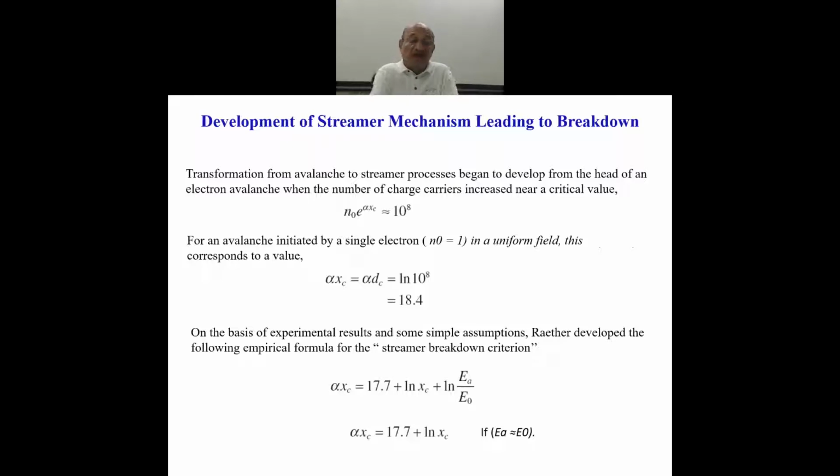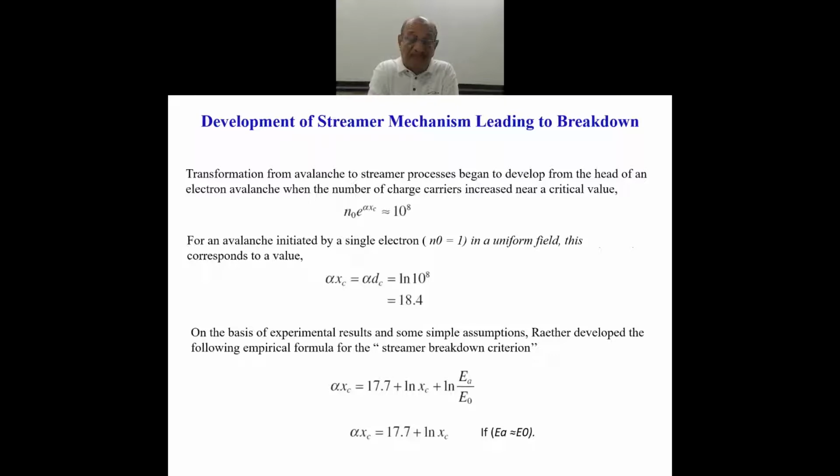The transformation from avalanche to streamer process began to develop from the head of an electron avalanche when, mind it, the number of charge carriers within the avalanche increased near a critical value.